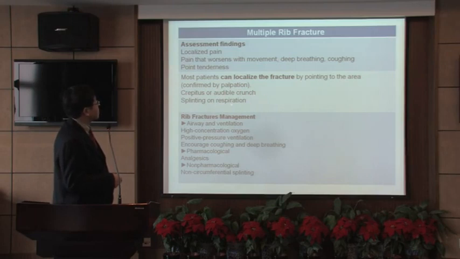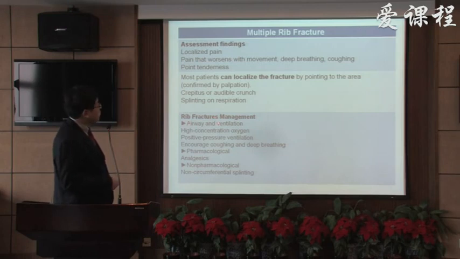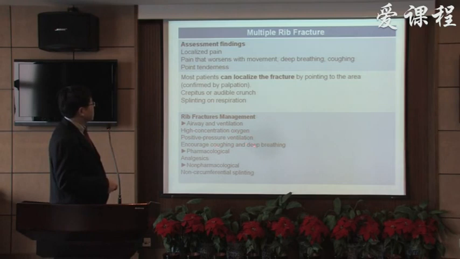Splinting on respiration. How can we manage rib fractures? The first is airway and ventilation. The treatment includes high concentration oxygen, positive pressure ventilation, and encouraging coughing and deep breathing.